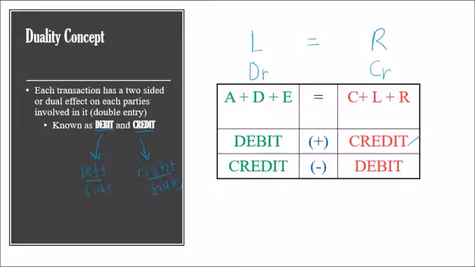This is vice versa. If they're put on the debit side, they will decrease. Just like the debit side, if they are put on the credit side, they will also decrease. So you don't have to remember both.